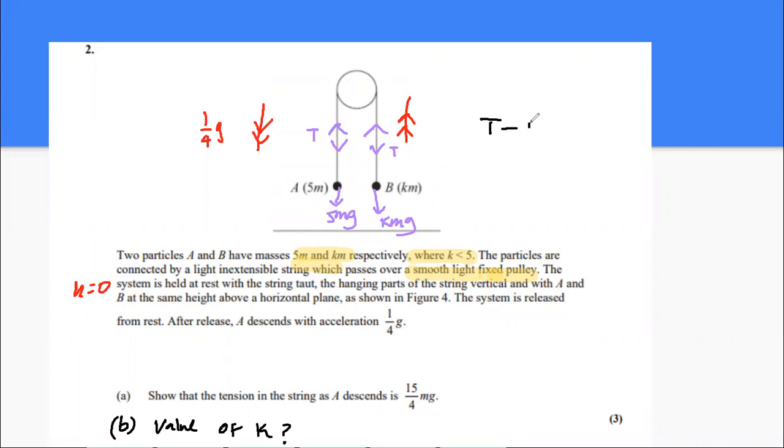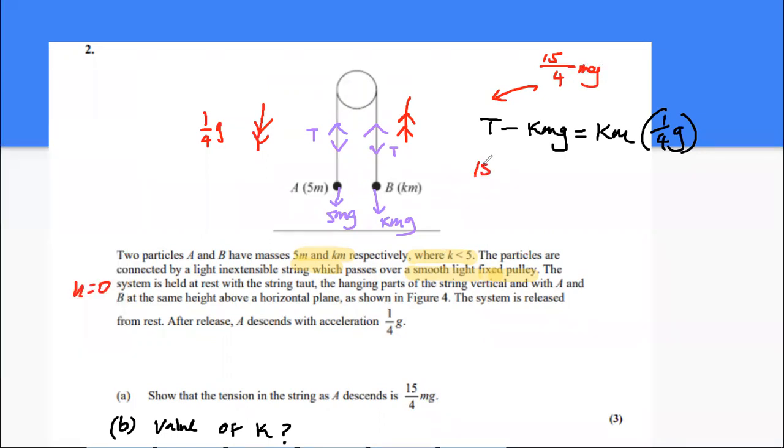So it's T minus kmg. The mass is km, and the acceleration is 1/4 g. Okay, now here we need to substitute in our value for T, which we have been told already. So this is why it doesn't matter if you got part A incorrect, you could still move on to part B, which is quite good.